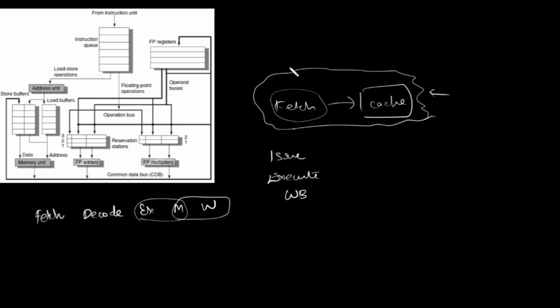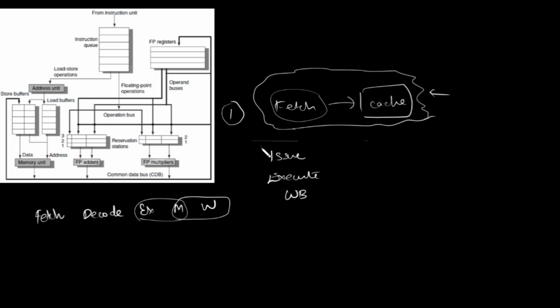So there is a lot of operation to be performed. We are going to assume it's a perfect scenario, everything is available in the cache, and we can pull everything and put it into our instruction queue. So all the instructions are available in the instruction queue. Fetch is done previously and we are not going to bother about it.